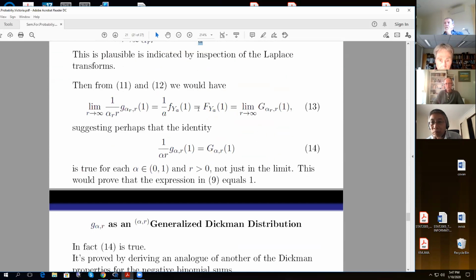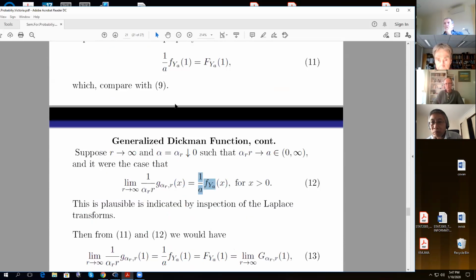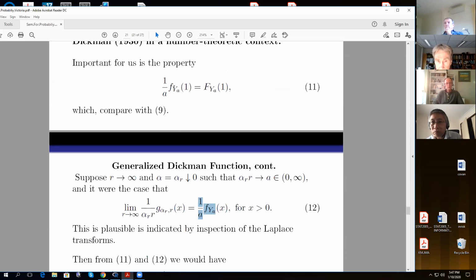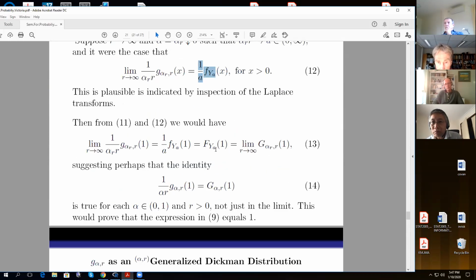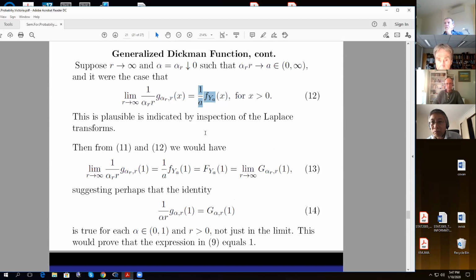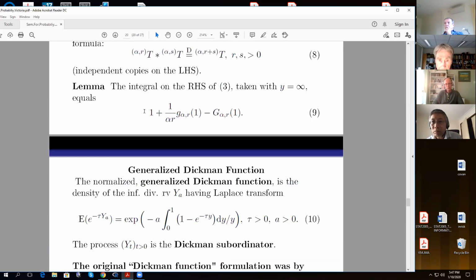If that were true, in fact, it is true. Then, of course, because of the Dickman property, density equals CDF at that point 1. Then I would have that, and this is the limit of the CDF, and so I would have that the limiting version of this is equal to 0.